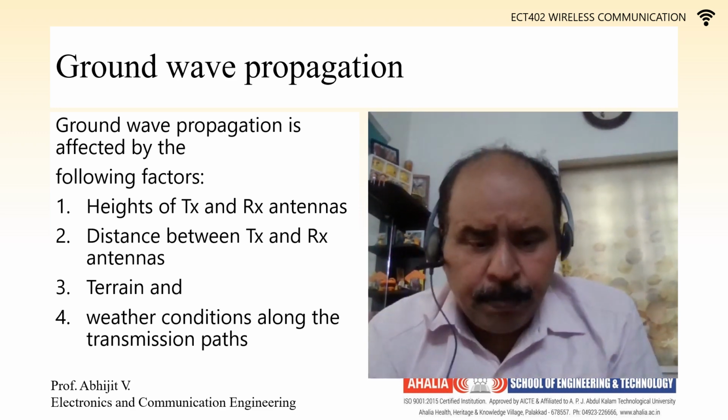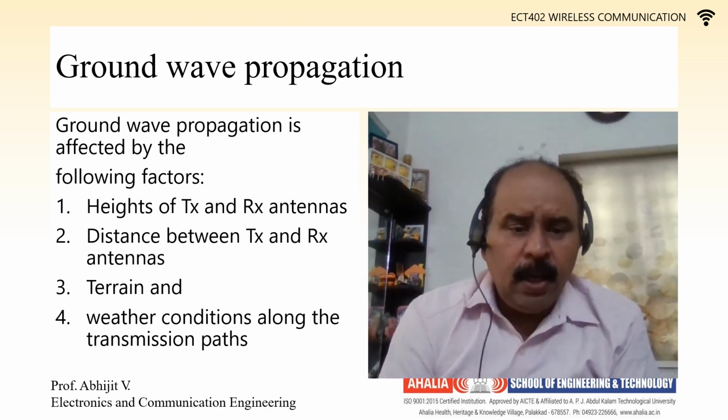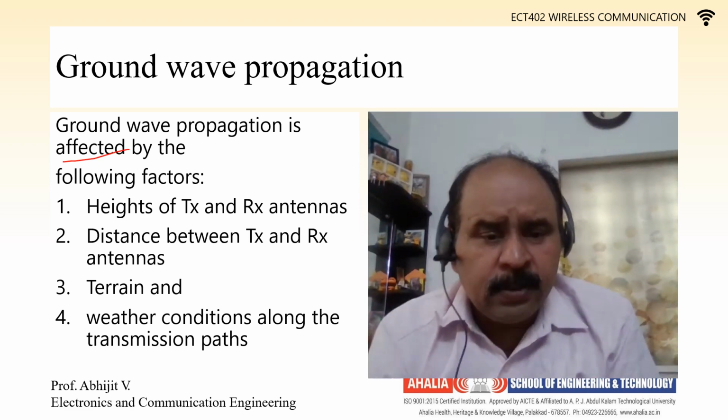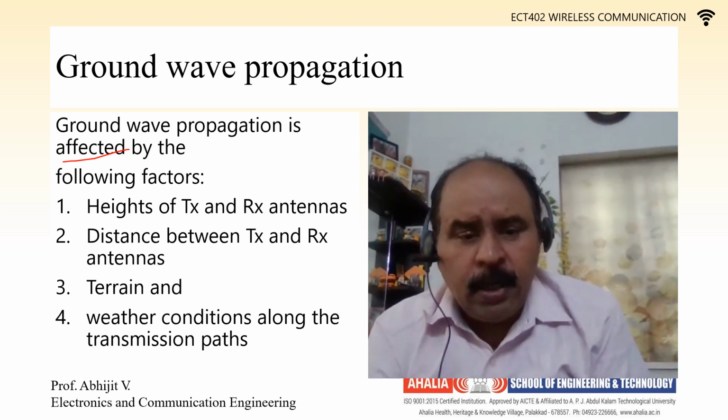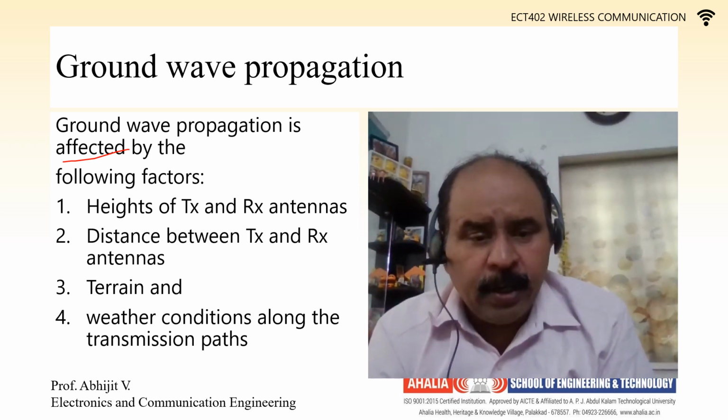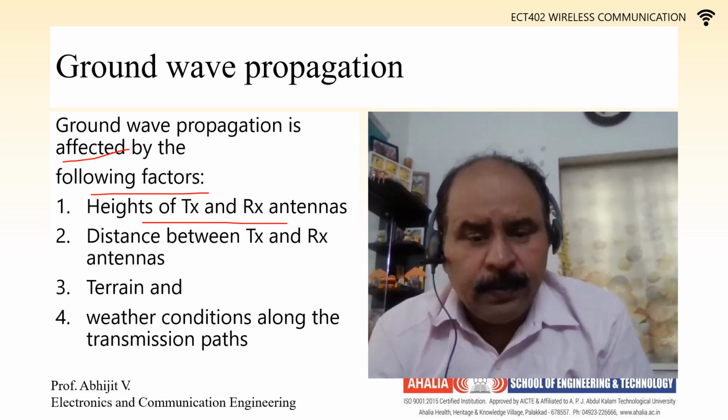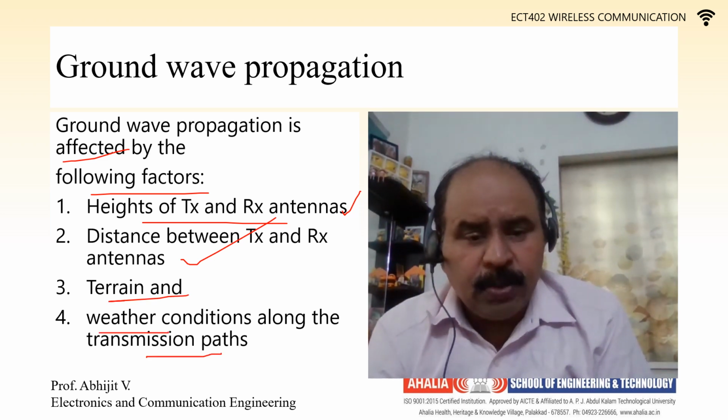Now we'll see what are the important factors that affect the ground wave propagation of electromagnetic waves. First is the height of the transmitter and the receiver antenna, then the distance between the transmitter and the receiver antenna, the terrain, and the weather conditions along the transmission path.